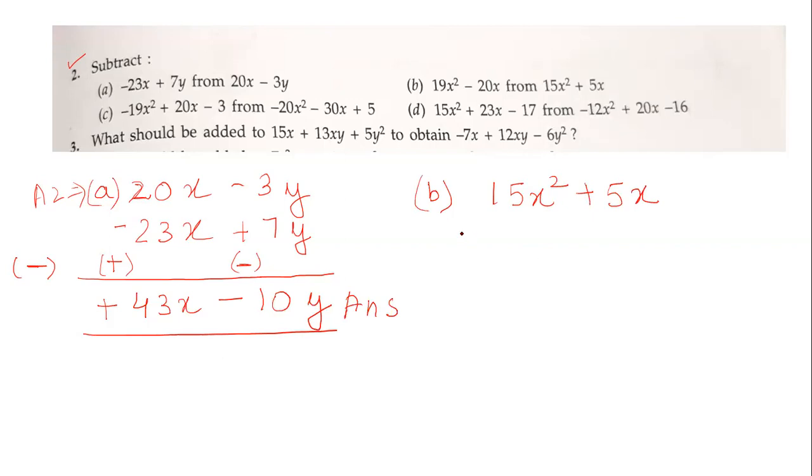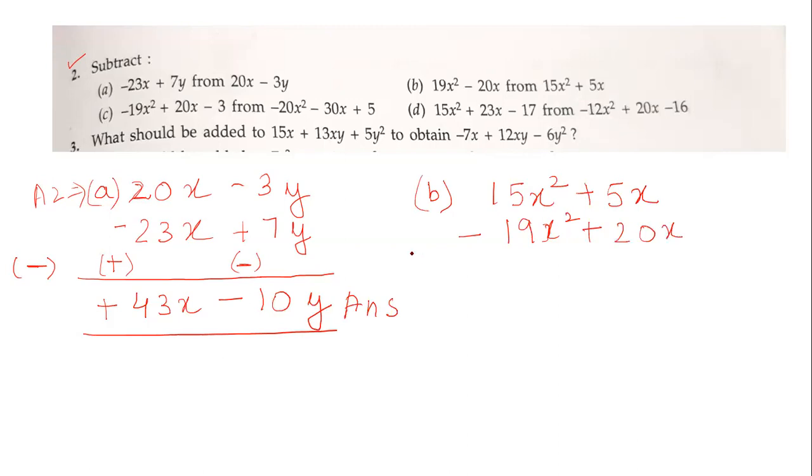You have to subtract minus 19x square plus 20x. ये तो हमने साइंस वही लिखे जो थे.